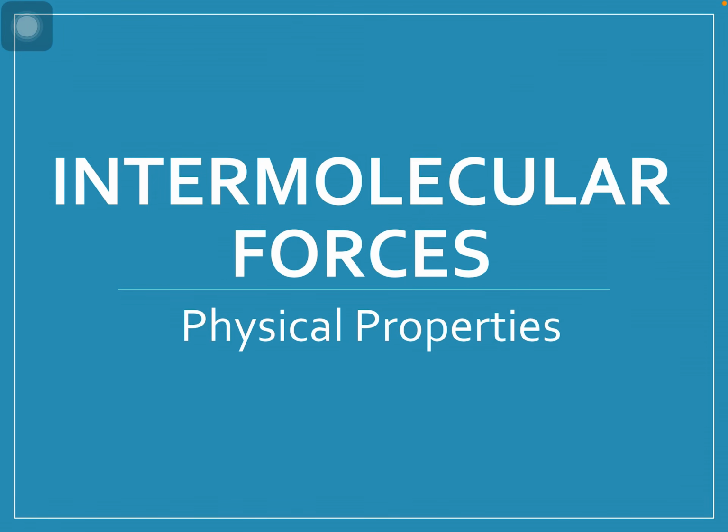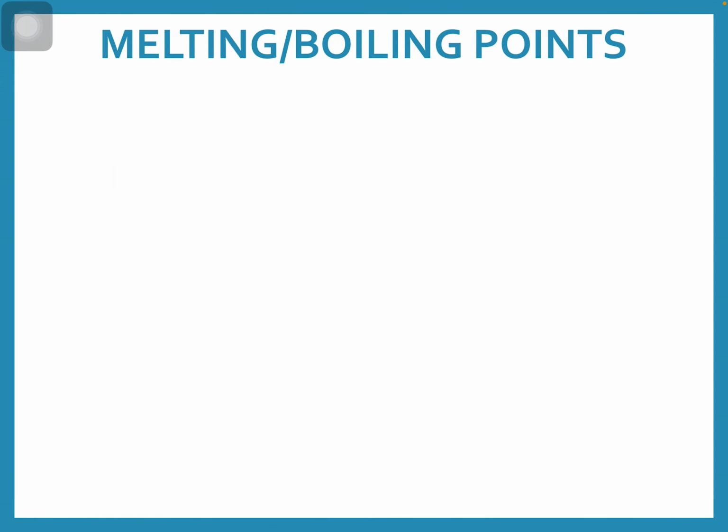In this lesson, we're going to look at how different intermolecular forces lead to different physical properties of ionic and molecular compounds. As a recap, before we get started, the different intermolecular forces: we can have London dispersion forces, which are the weakest forces between nonpolar molecules.